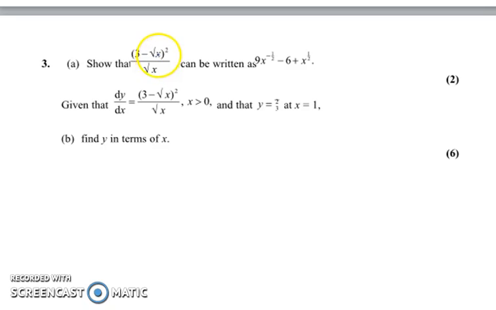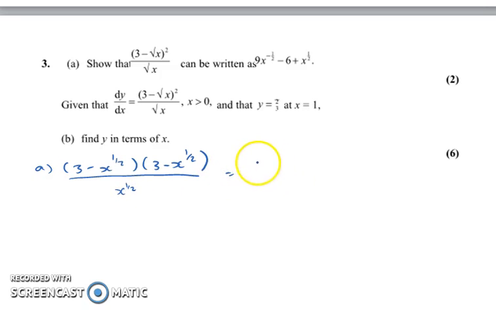Okay, question 3. Quite a bit to do, but thankfully it said that we have to show that this looks like this. Then this means that if we can't do that, we can still go ahead and integrate it. So, part A, we're going to expand the double bracket, 3 minus x to the half, 3 minus x to the half, all divided by x to the half.